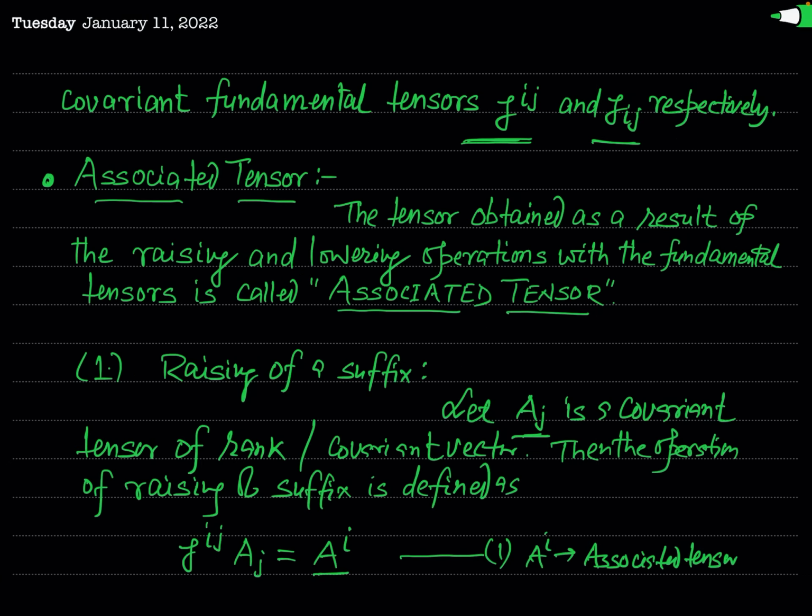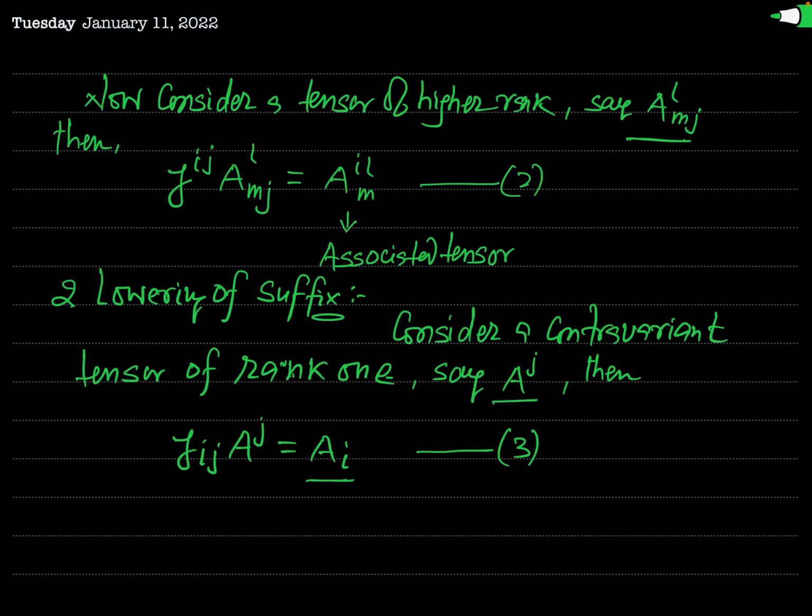Yes, this will be A sub i, and as I have told you, this tensor A sub i will be called an associated tensor. In this equation 3, you have defined the lowering of suffix in case of a contravariant tensor of rank 1, and now you can generalize this definition for a tensor of any higher rank.